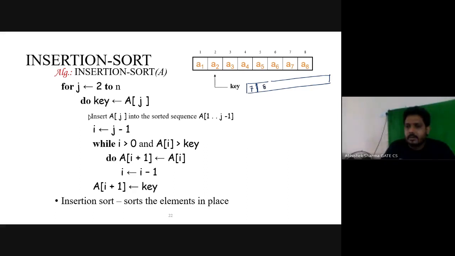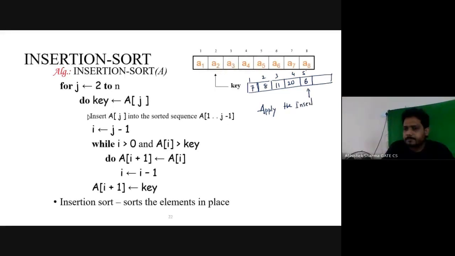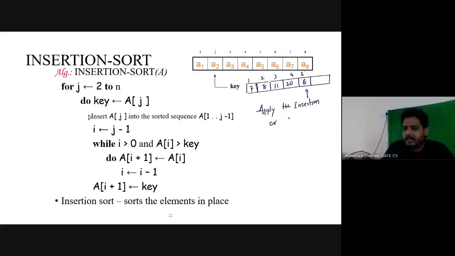So this is 7, 8, 11, 20, and I am inserting here this value, 1, 2, 3, 4, 5, and this is, suppose, 6. Now it is up to you: apply insertion sort, or insert 6 into its correct position.